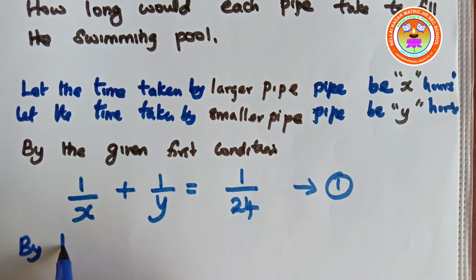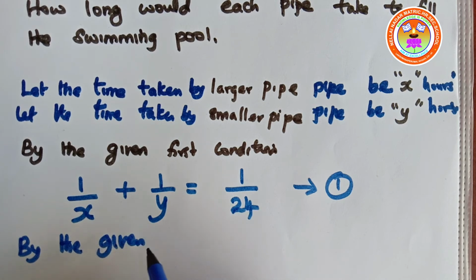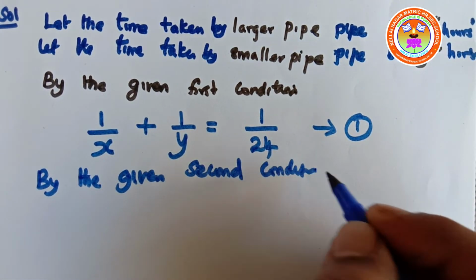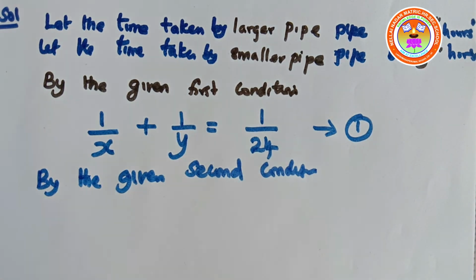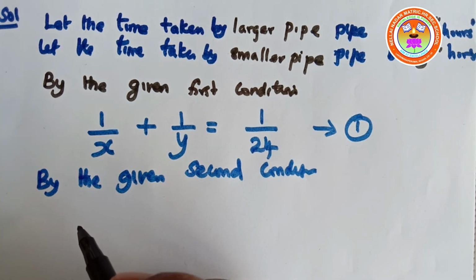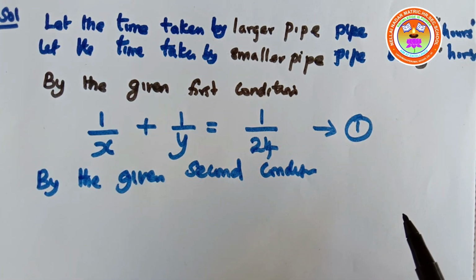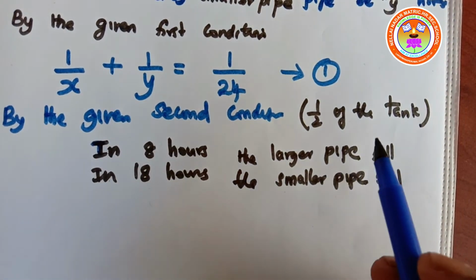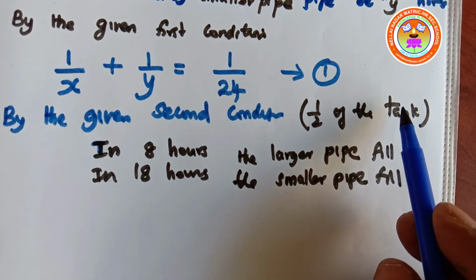By the given second condition, what is given in the second condition? The pipe of the larger diameter is used for 8 hours and the pipe of the smaller diameter is used for 18 hours. See, children, by the given second condition, half of the tank is filled.